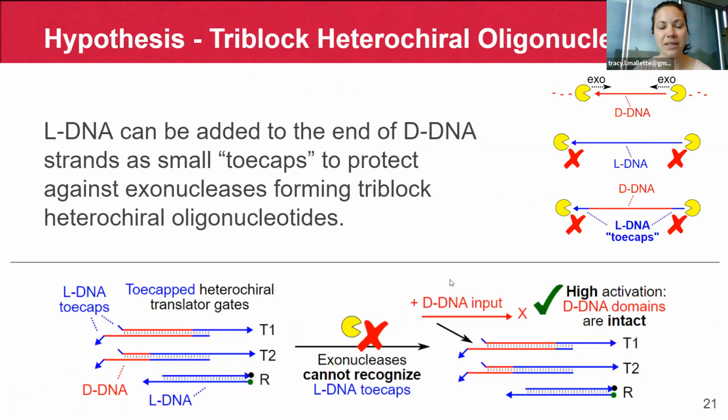And this led us to our hypothesis that we could use Triblock heterochiral oligonucleotides to solve this problem. So if you have exonucleases that can degrade DNA but can't degrade LDNA, can we use this pattern of L and then D and then L again to protect against exonuclease-mediated degradation, which should keep our upstream intact so that we have a low rate of leak and a high rate of activation.